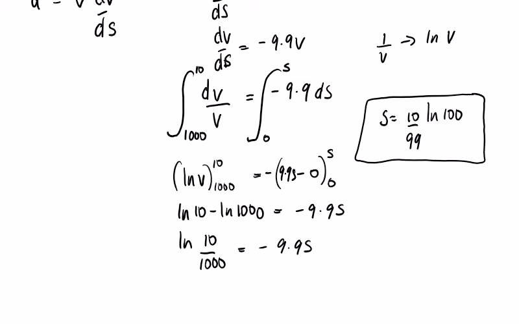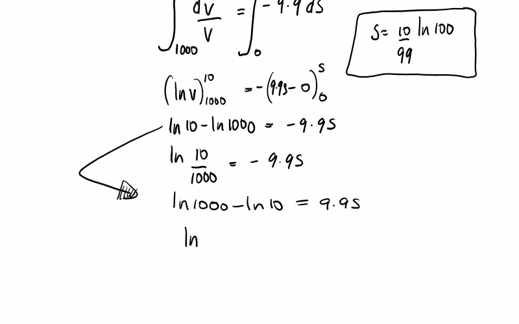If I reverse this around and change the signs, I'm going to get the natural log of 1000 minus the natural log of 10 is equal to 9.9 s. So the natural log of 1000 divided by 10 is equal to 9.9 s. So the natural log of 100 is equal to 9.9 s.